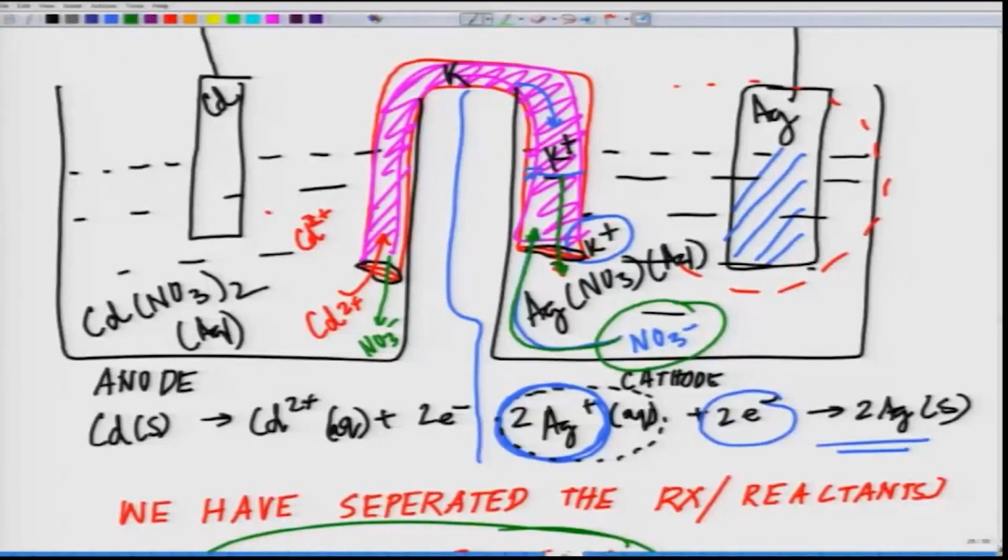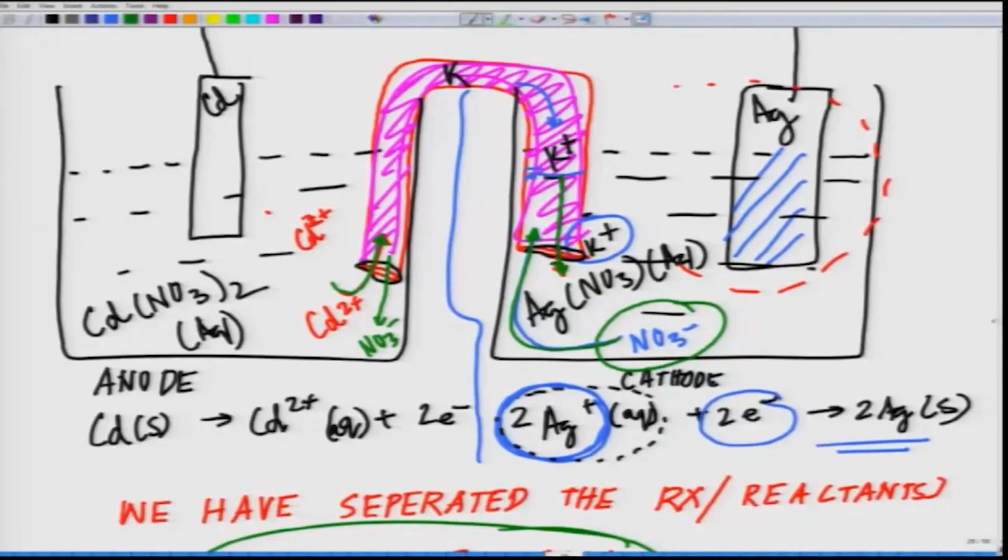On the contrary, the positively charged ions from the anode side, cadmium 2 plus, move slightly inside the salt bridge, whereas some of the negatively charged ions NO3 minus from the salt bridge migrated into the anode side. So, what are the consequences of this kind of movement? That is very important for you to understand.